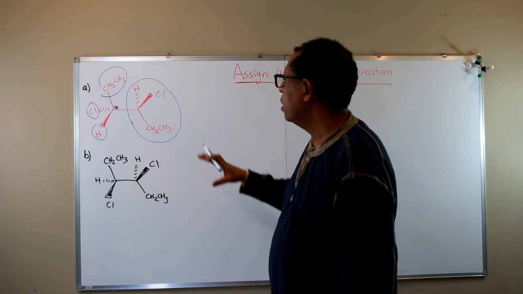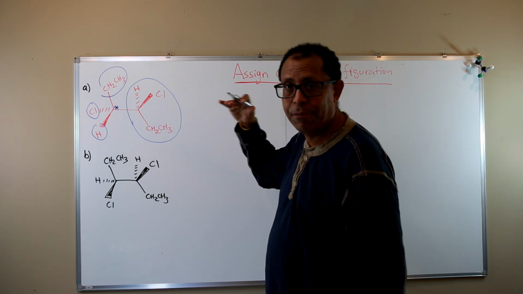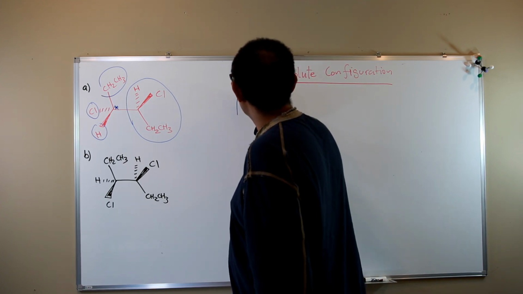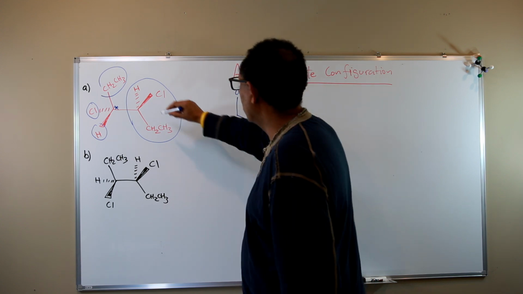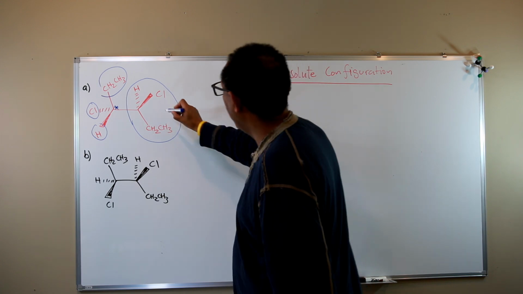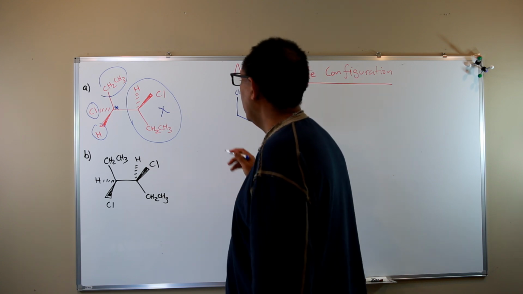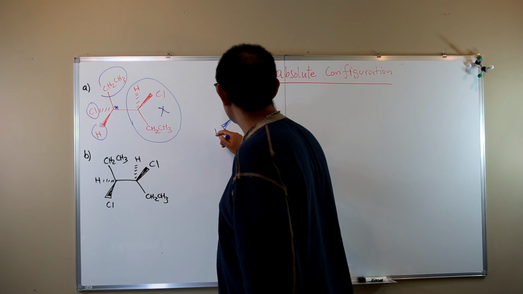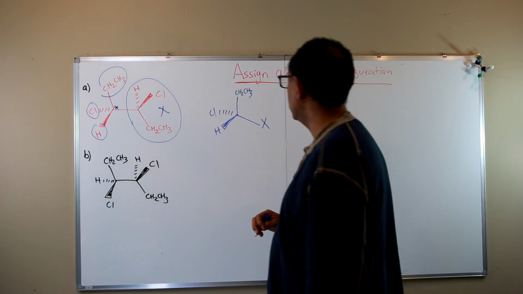So if we redraw this in a way that is very clear to us, you have CH2, CH3, and this whole group, I will call X, and this group is hydrogen, and this group is chlorine the way it is.